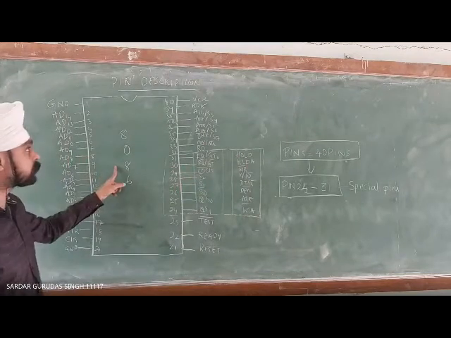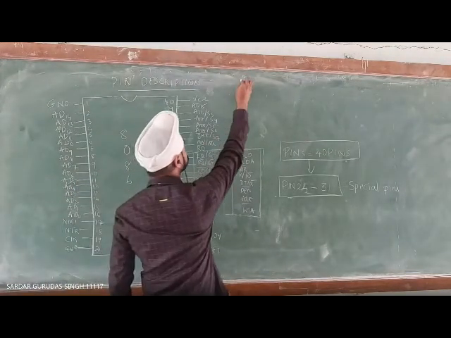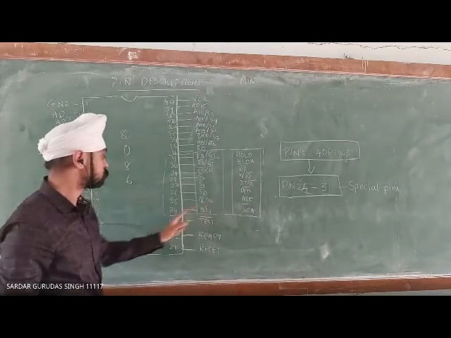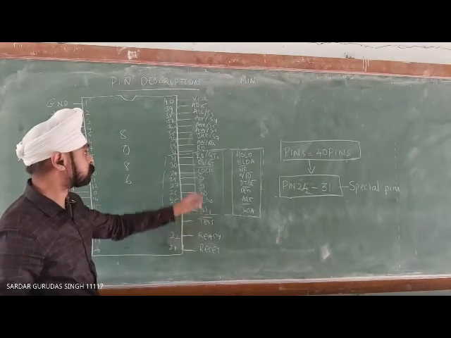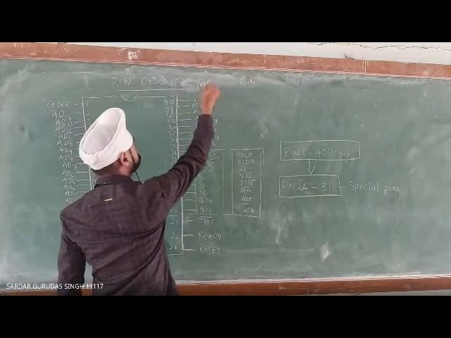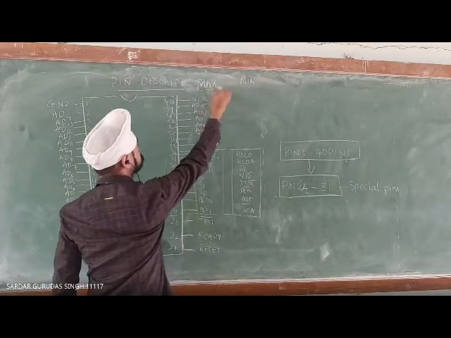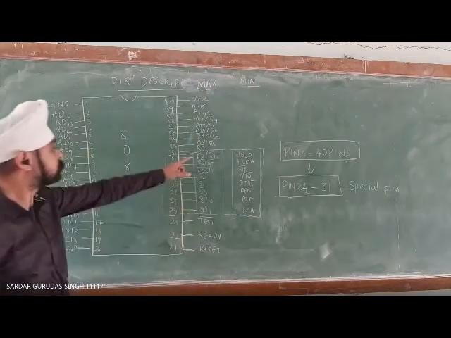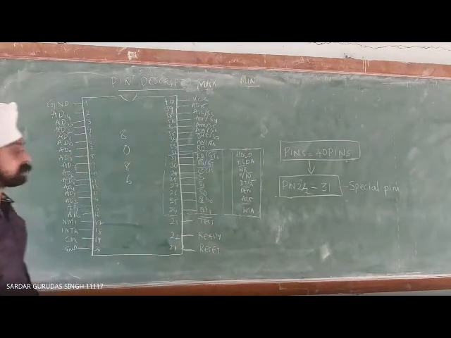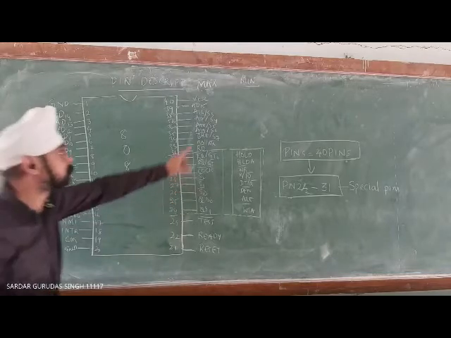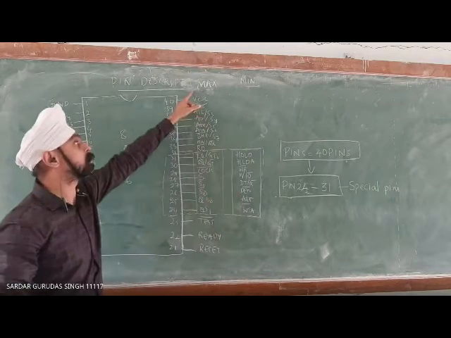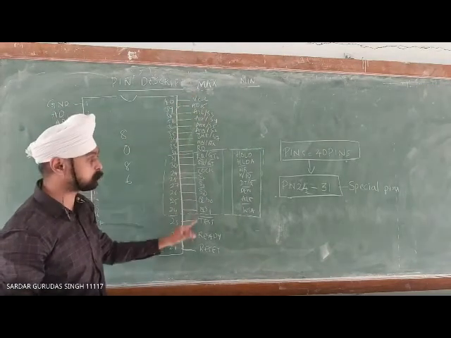If you are using it as a single processor, that is minimum mode, then these pins are used instead of QS1 to RQ. If you are using it in multiple processor mode, that is maximum mode, then these pins are used instead of these pins. Is this clear for you? What is minimum mode? Single processor configuration is minimum mode. Multiple processor configuration is maximum mode.